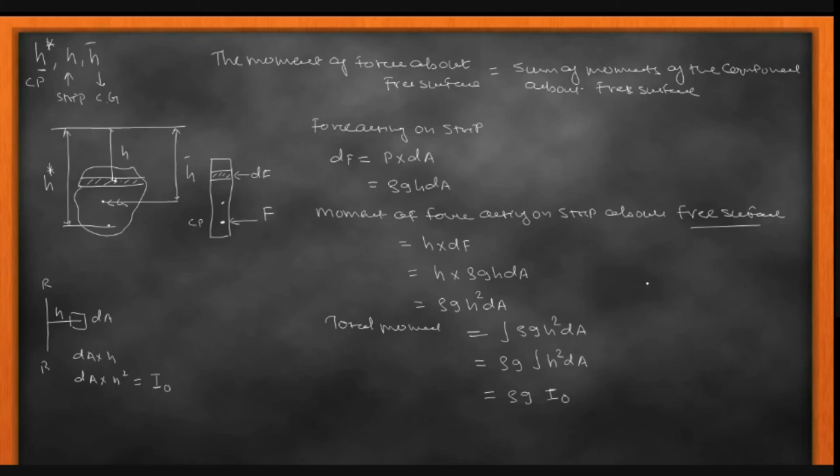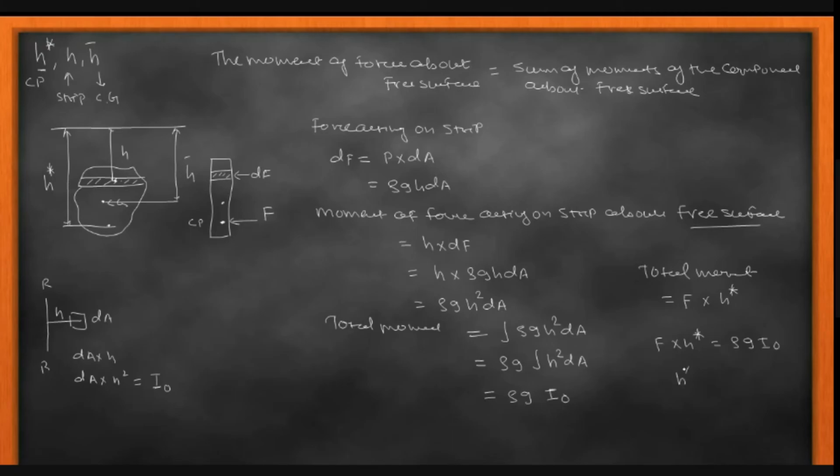Now the total moment, in other words, we can write that the total force is F, acting around H star, and as per statics, both these expressions are equal. So finally we get F into H star equals rho g into I naught.